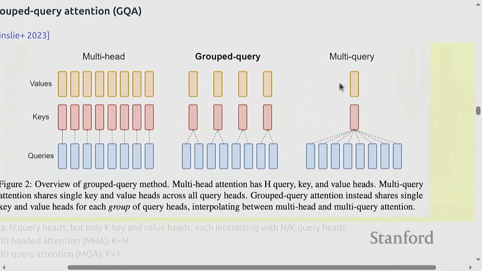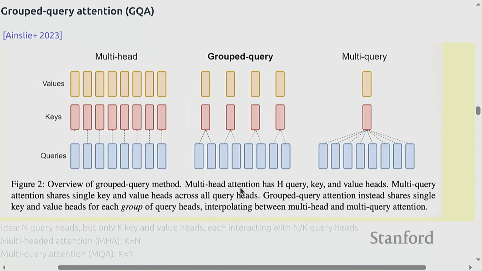There was one time a multi-query attention, where you only have one key and one value, basically one key-value head. Turned out that that was not very expressive, so there was an intermediate point where you have a reduced number of keys and values, and then you have more queries.